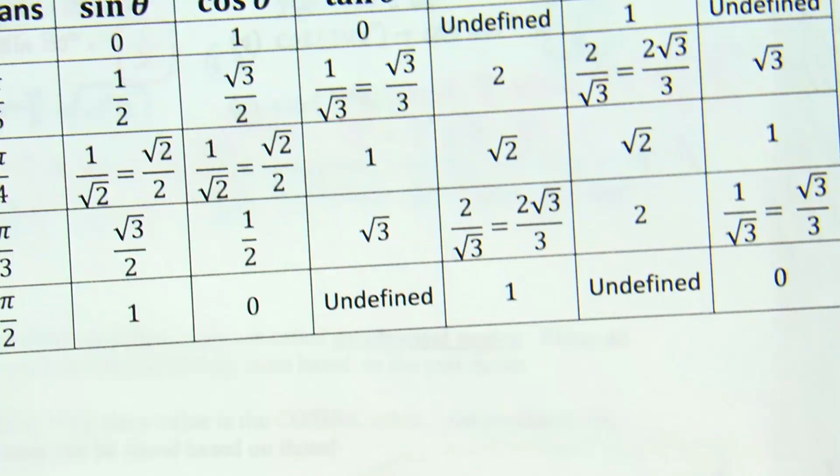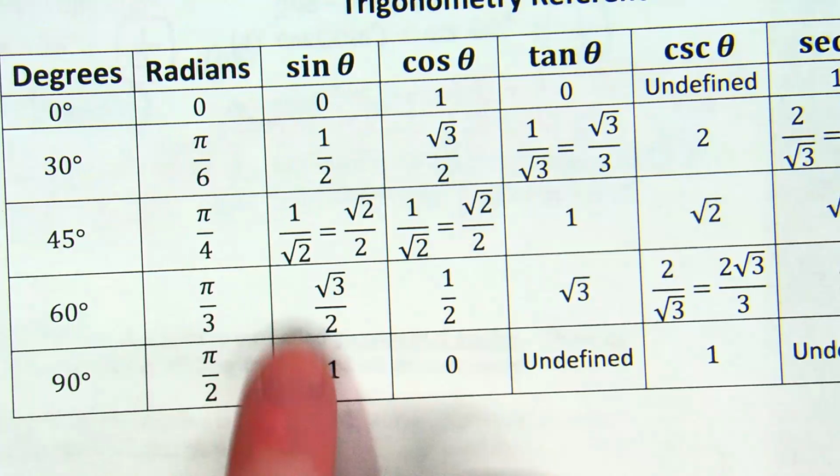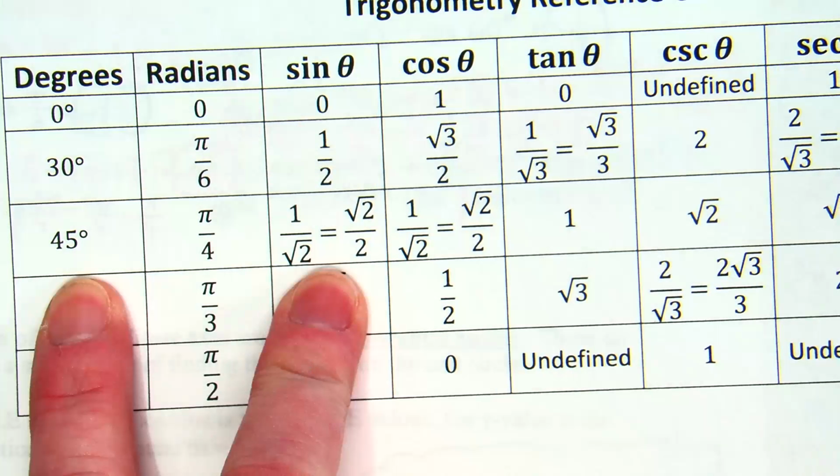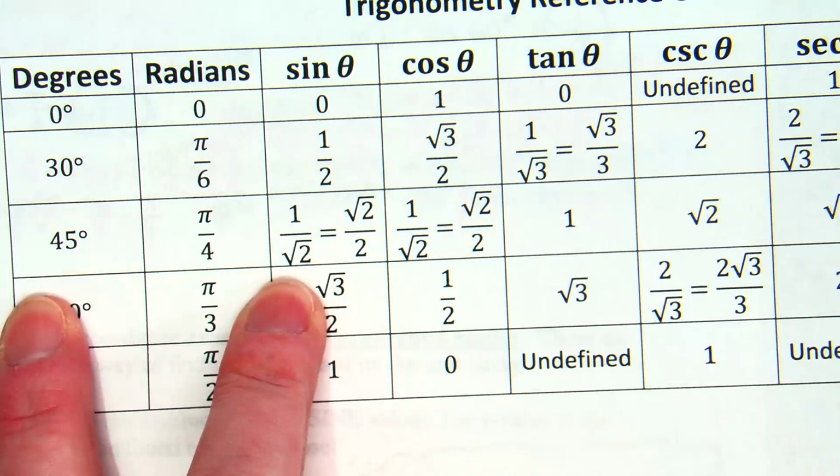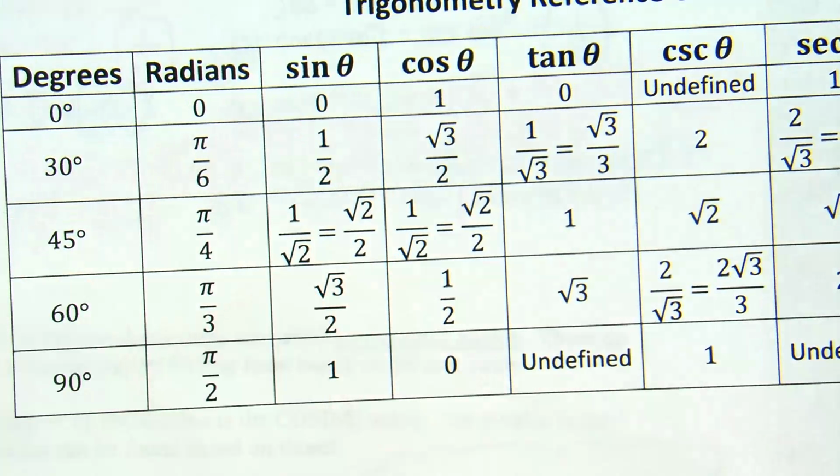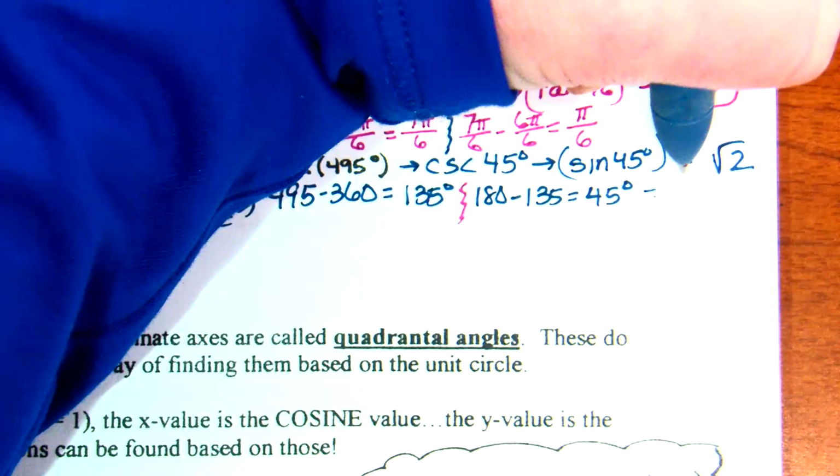Sine of 45 degrees is? Yeah, we usually say square root of 2 over 2, but 1 over square root of 2 is good here because we really don't need sine. We need cosecant, and cosecant's a reciprocal, so the reciprocal of 1 over square root of 2 is square root of 2 over 1, or in other words, square root of 2.